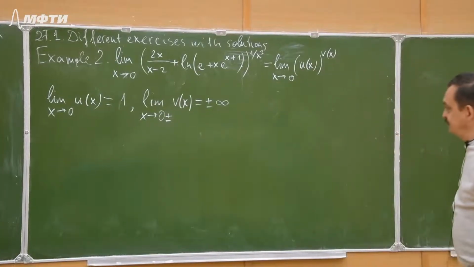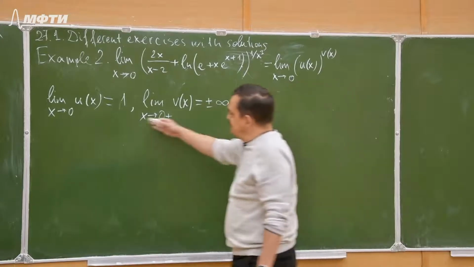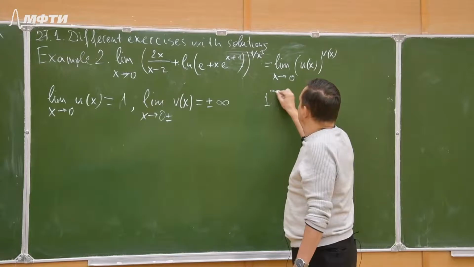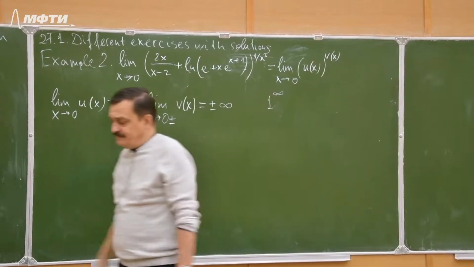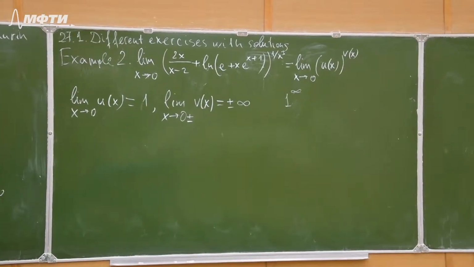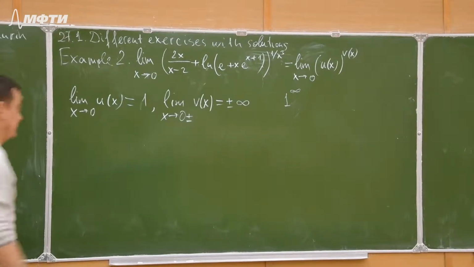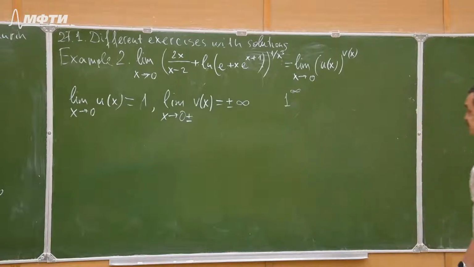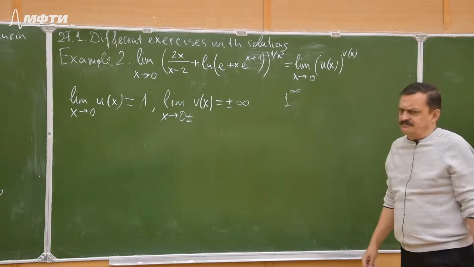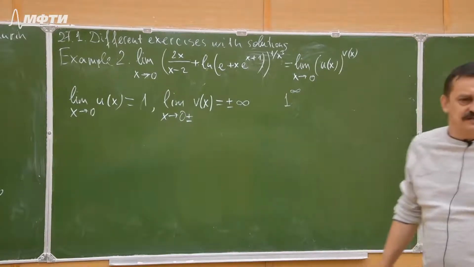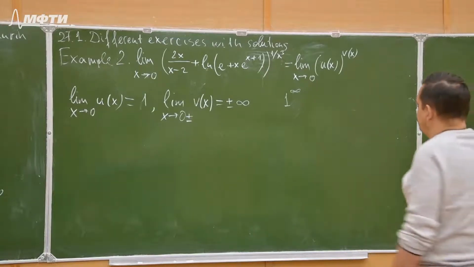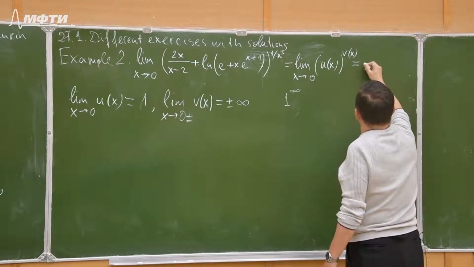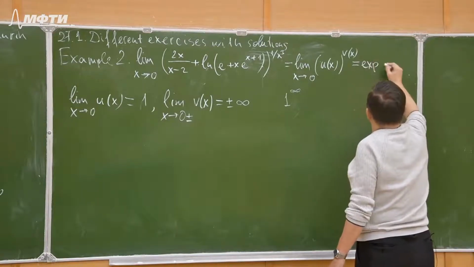Okay, let's continue. So looking at those limits, it means that we have indeterminacy of the kind 1 power infinity, and we know how to compute such limits. It was at the very end of chapter 4, the last section of chapter 4, and that is exponent.